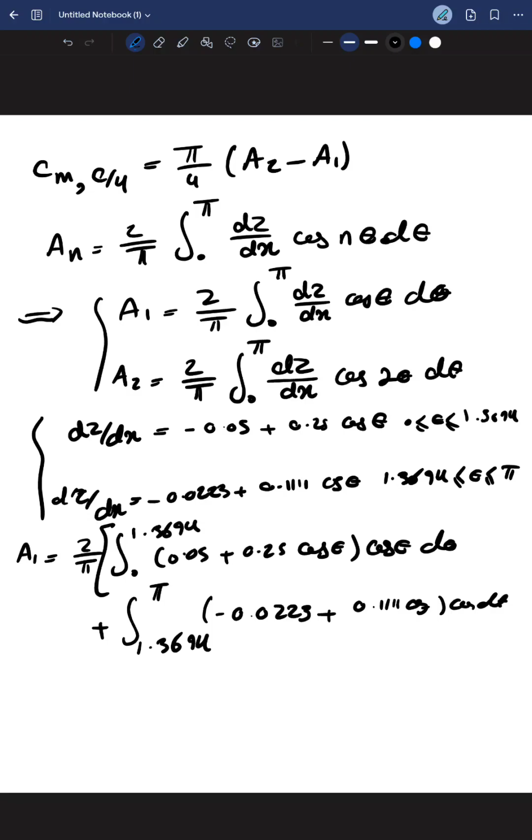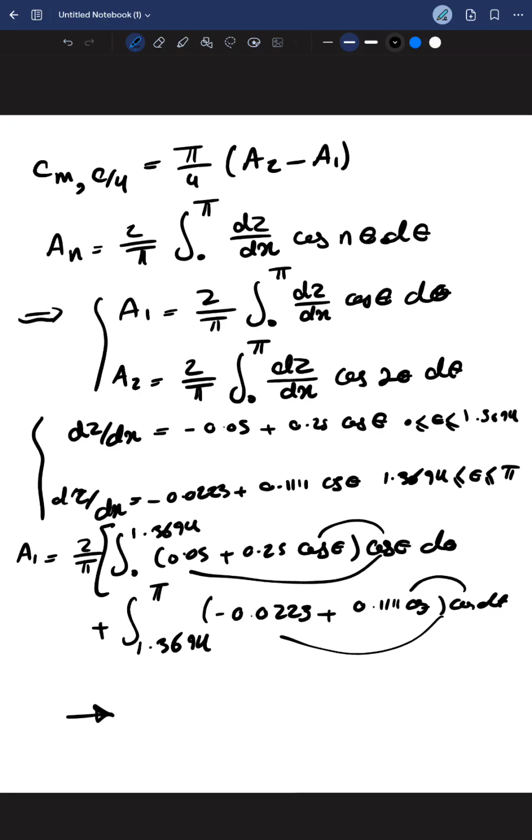If you combine all of these together, we're going to have a cosine squared of theta term and a cosine of theta term for each, which essentially means that we can find the integrals to be in this format, right?